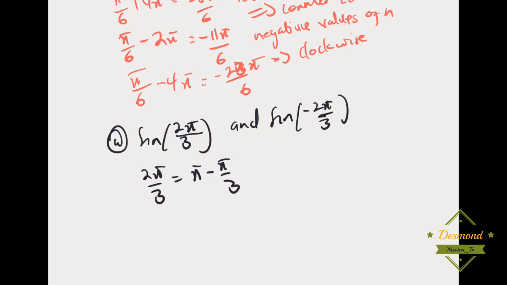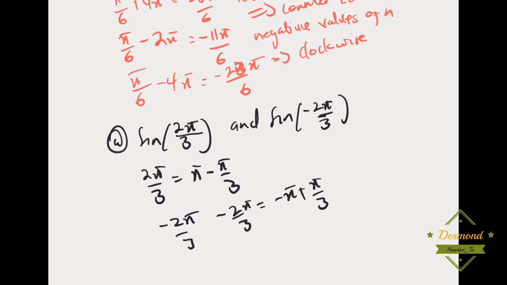This means that the line for 2π/3 will be a mirror image of the line for π/3, only in the second quadrant. So the coordinate for 2π/3 will be the coordinate for π/3, except the x coordinate will be negative. Likewise for negative 2π/3, we can note that negative 2π/3 is equal to negative π plus π/3.